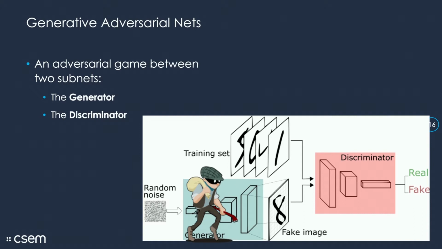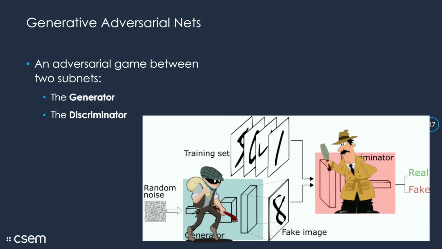The generator can be thought of as a criminal, an art forger that's trying to create fake images of pieces of art, and the discriminator as the art critic that's trying to tell fakes apart from real pieces of art. So this game between the two makes them both better, and at the end we have a generator that is really good at generating fake samples.